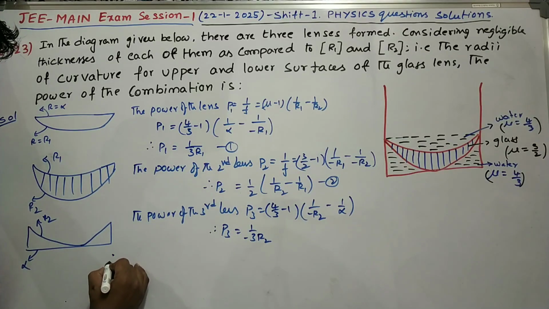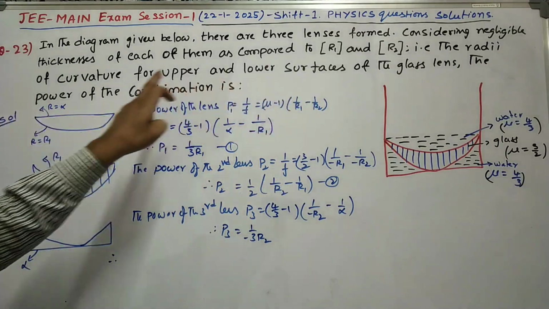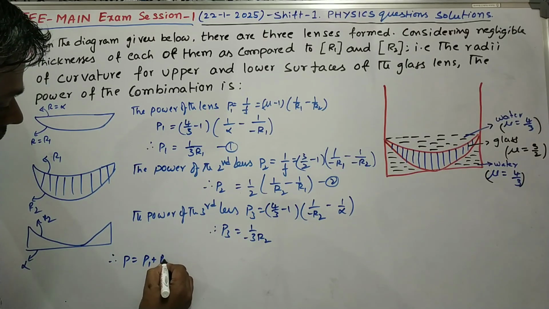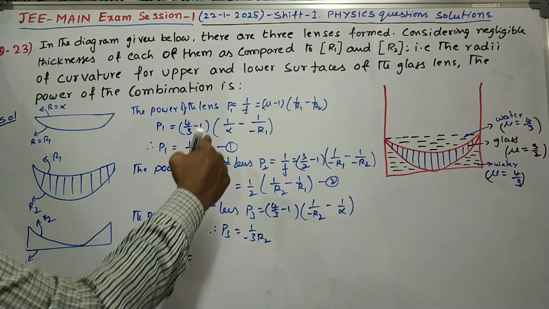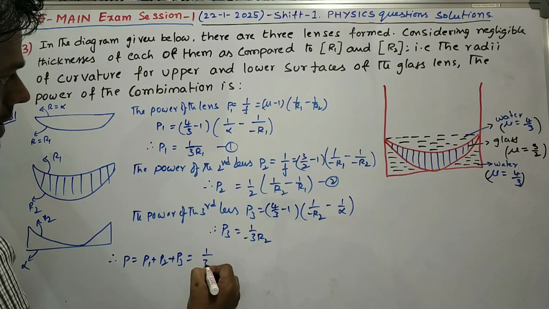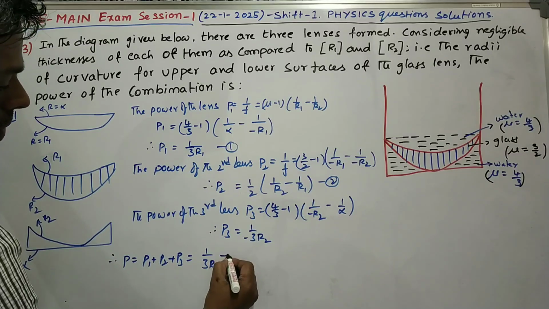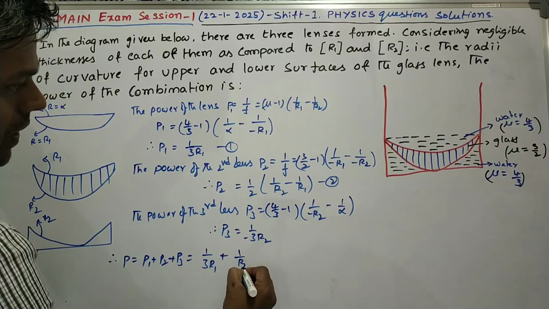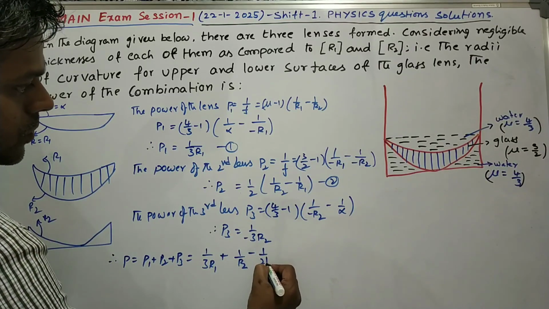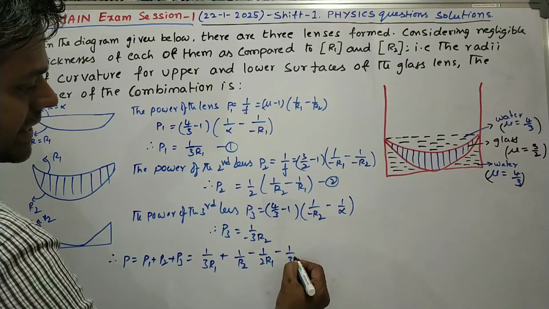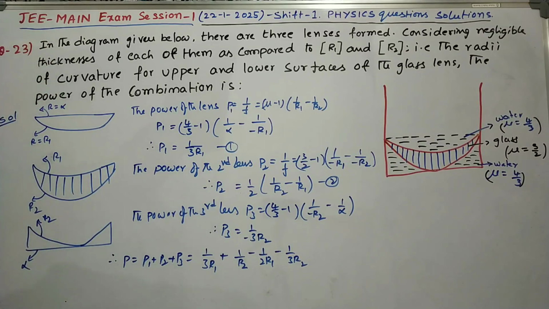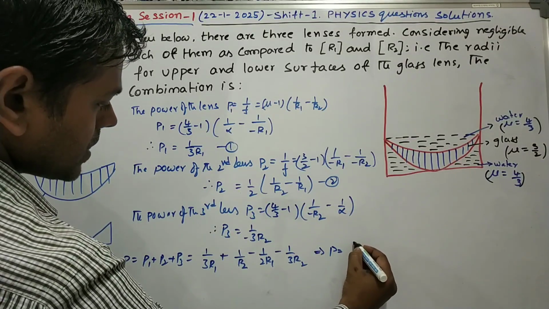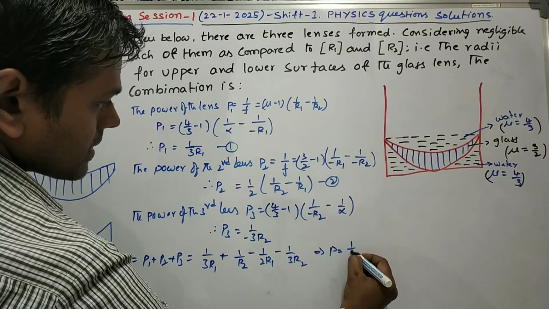Okay, right. Therefore, what is being asked? The power of the combination. Therefore, power of the combination P is equal to P1 plus P2 plus P3. P1 is 1 by 3 R1, plus P2 is equal to 1 by R2 minus 1 by 2 R1, minus 1 by 3 R2. Isn't it? So from this one, 3 R1, 2 R1. That implies power P is equal to, you can take 1 by 6 as common.